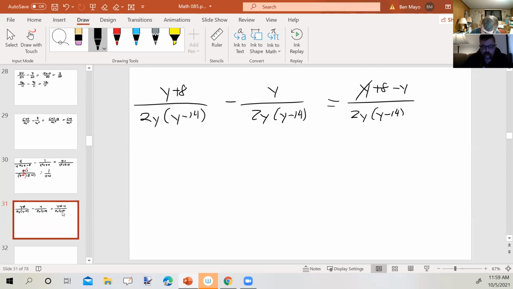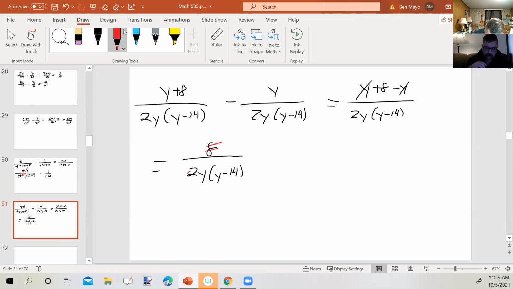Combining like terms, the y's would cancel, and we have 8 over 2y times y minus 14. But I could reduce the 8 and the 2 to 4 over 1. So now I've got 4 over y times y minus 14. Okay. Not too bad.